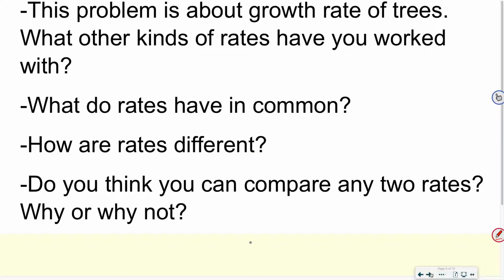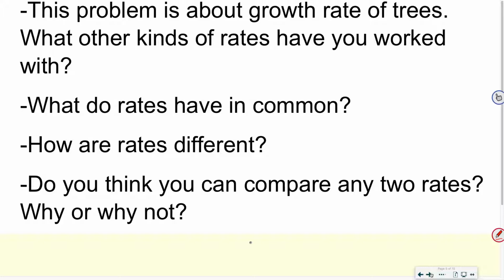So this problem is about the growth rate of trees. What other kind of rates have you worked with before? Think about rates. Jobs. What do you mean jobs? You get paid to show up. Okay, so if you're getting paid a certain amount of money, maybe $10 an hour, that would be a rate. What else is a rate?